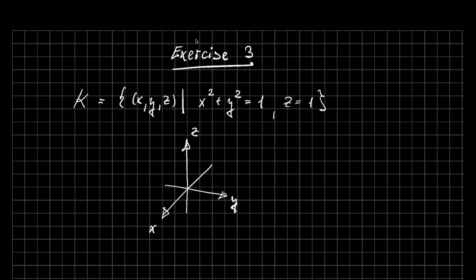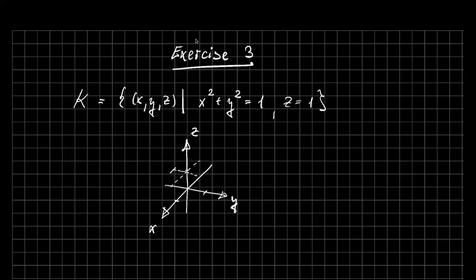And then if we take 1 along the axis, then this circle will be with these diameters in the z equal to 1 plane.